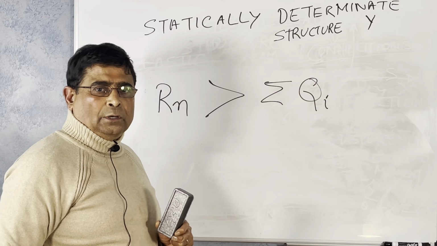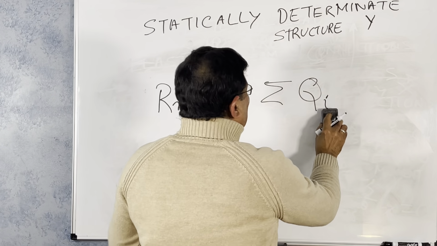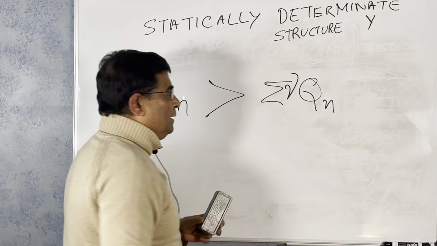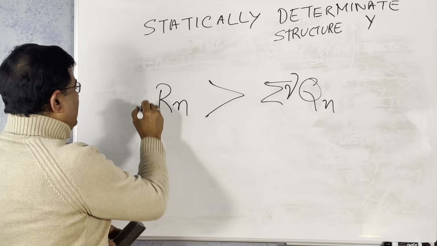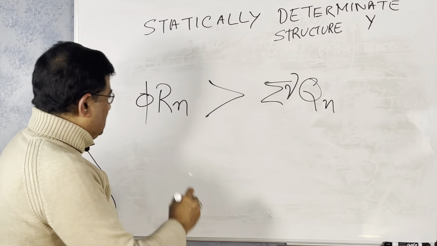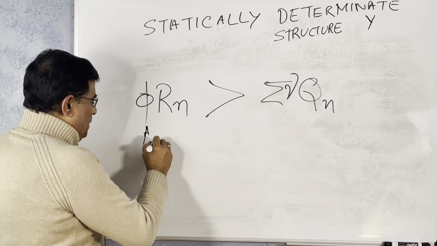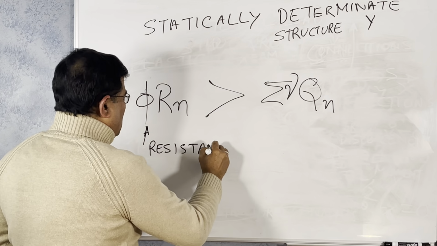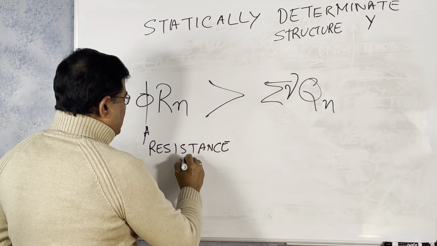What we do is, if you call them nominal, we multiply the load by gamma, the load factor, and we multiply the resistance by the phi factor, the resistance factor.